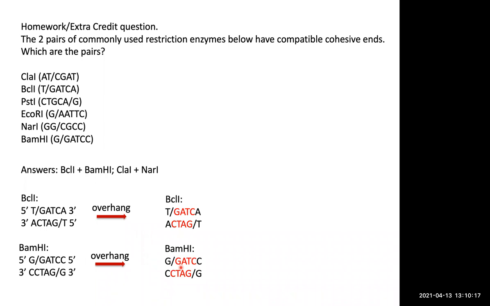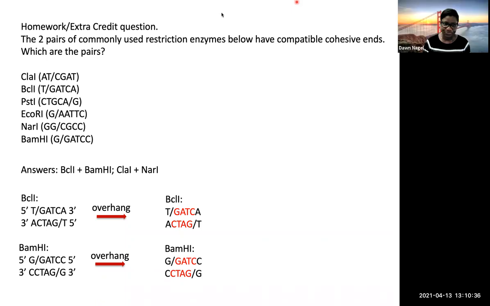Professor? Yes. I tried to do the ClaI plus NarI one, but I couldn't get it, like how we did this one right now for BclI and BamHI. I couldn't get it. Let me try to quickly see if I can.